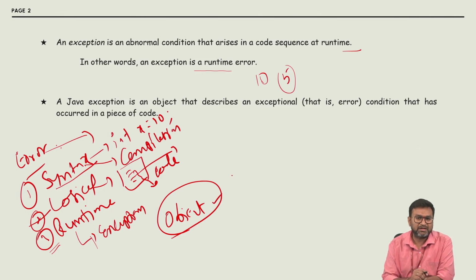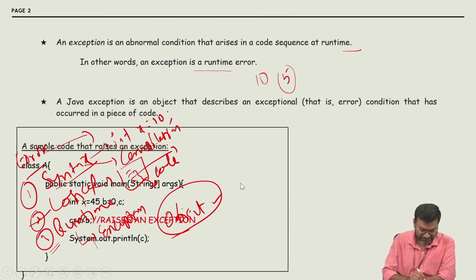We'll come back to that point later. So what is an exception? A Java exception is an object that describes an exceptional condition. Whenever some abnormal condition occurs during program execution, that exception object describes it. That error is an exception.